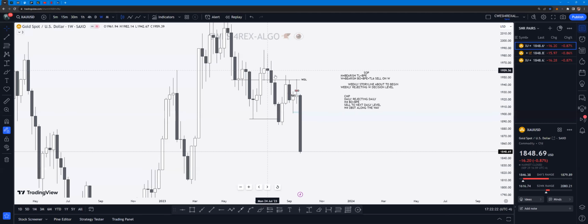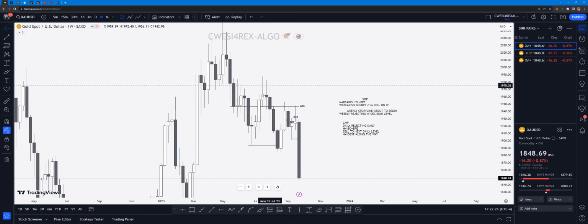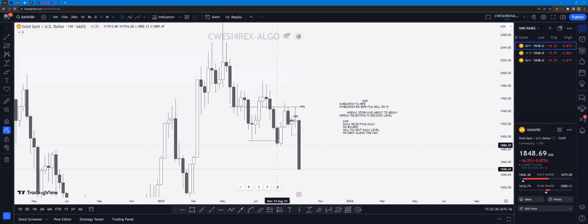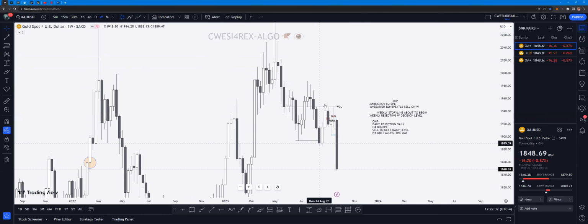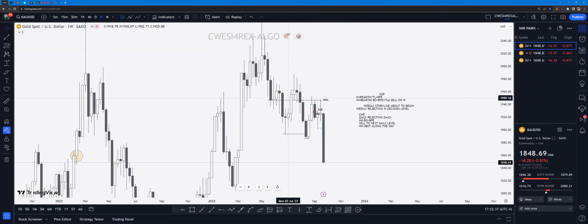We don't have any bullish breakout, so we don't have any reason to be looking for buys. After this, any pullback, any buys, is just a pullback for sell continuation because of this breakout over here.